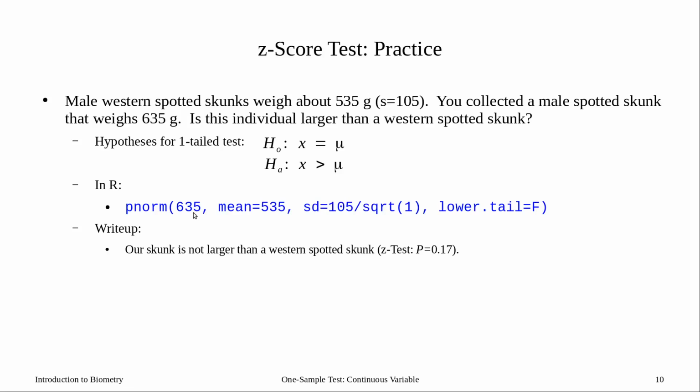We're checking the area to the right of 635, where our normal distribution is 535, and our standard deviation is 105 divided by the square root of 1, lower.tail equals FALSE, because again 635 is larger than 535. And this gives us our p-value. We don't have to multiply this by 2 because it's a one-tailed test. So our write-up here could be that our skunk is not larger than a western spotted skunk. Z-test, p is equal to 0.17.